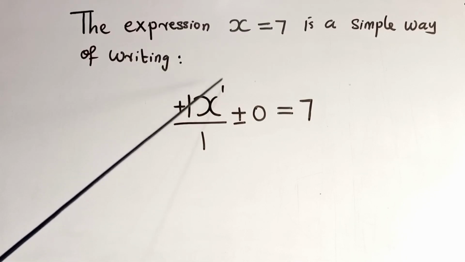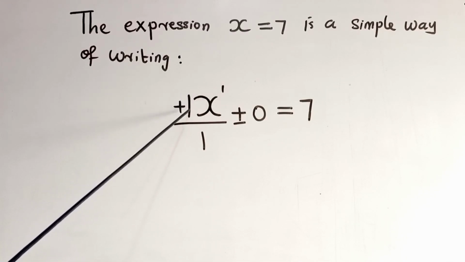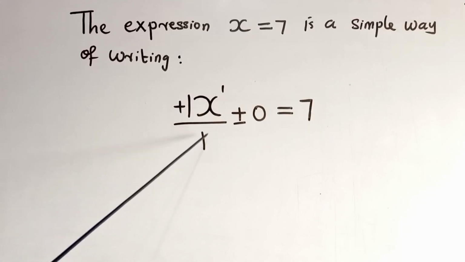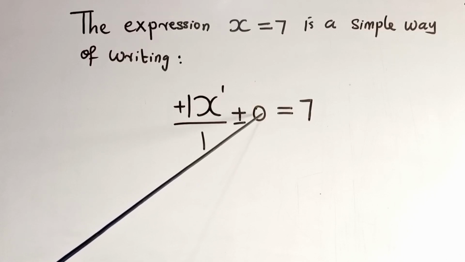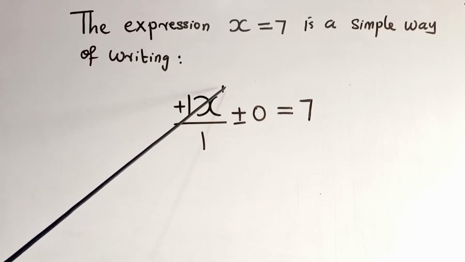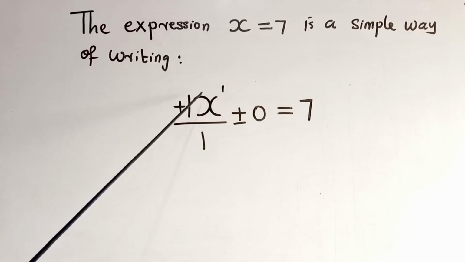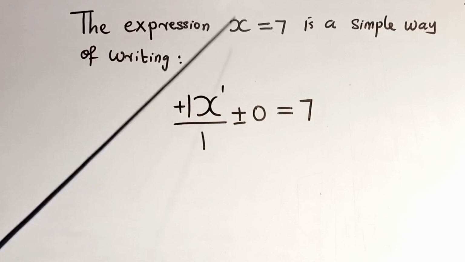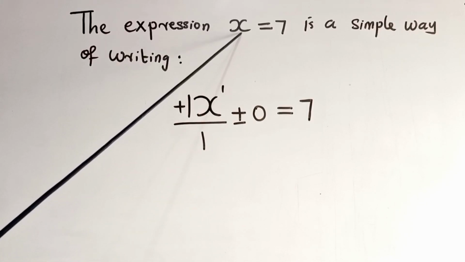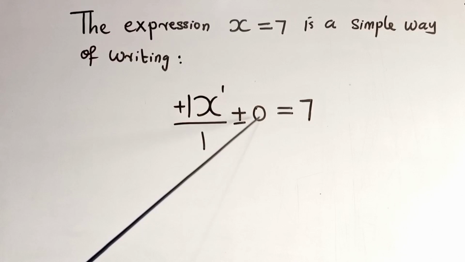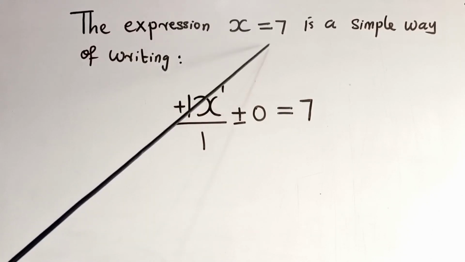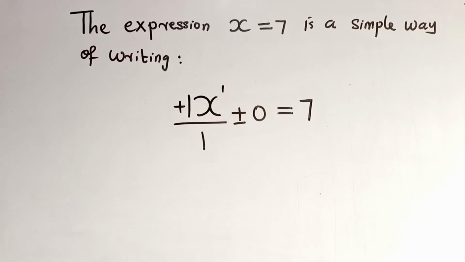Surely the power is equal to 1, the coefficient is 1, it is positive, the divisor is 1, and the adder is 0. Because this 1 is here but not shown. This plus is here but not shown. This over 1 is here but not shown. This plus or minus 0 is here after it but not shown. Therefore, x is equal to 7 is a simple way of writing this expression.